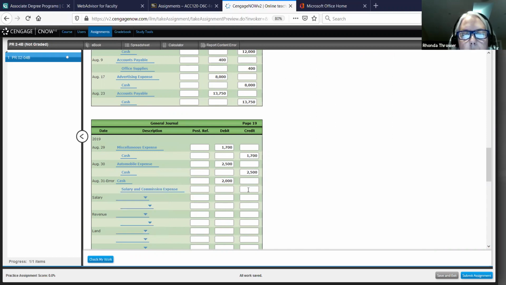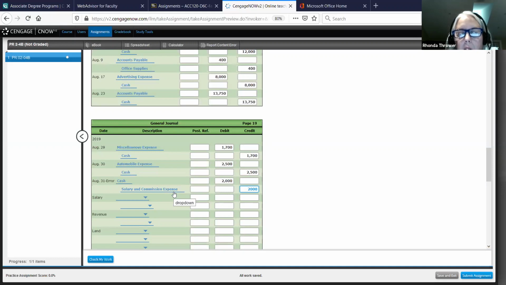Now, you might remember that I told you in the last recording that we did that our expenses are always going up. Well, I'm sorry, I forgot about this particular transaction here. This is one that is showing you that if you make an error, you can make your expenses go down. And so this is a situation where my expenses have to be decreased.